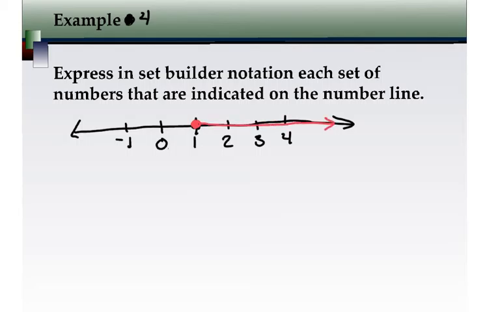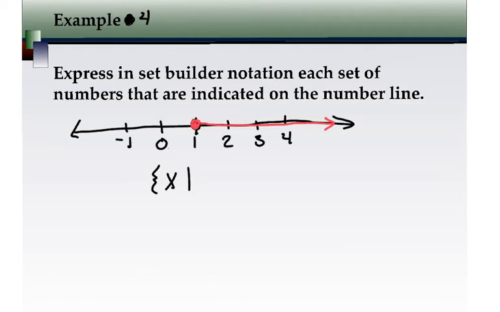So we're going to express this in set builder notation. We need our curly braces there, and the x, and then the such that, and then all of these values are greater than or equal to, because of this filled in circle here.